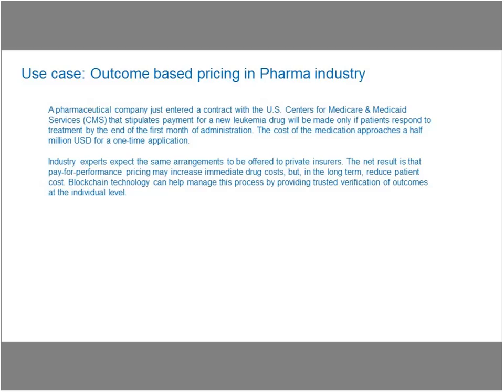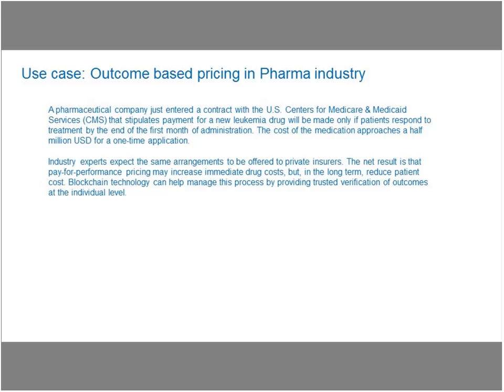So how can blockchain help? You can see in the last line that blockchain technology can help manage this process by providing trusted verification of the outcomes at the individual level. It means I apply that particular drug to you, and depending on the outcome, I go for further treatment.